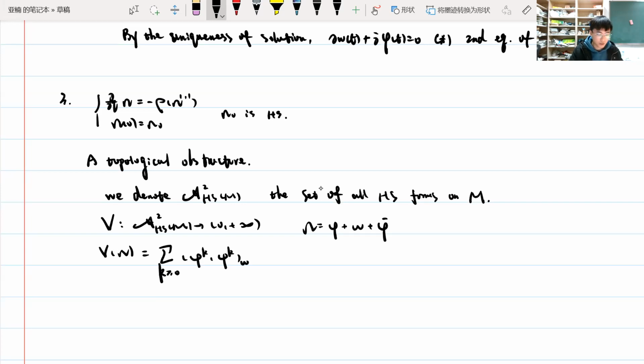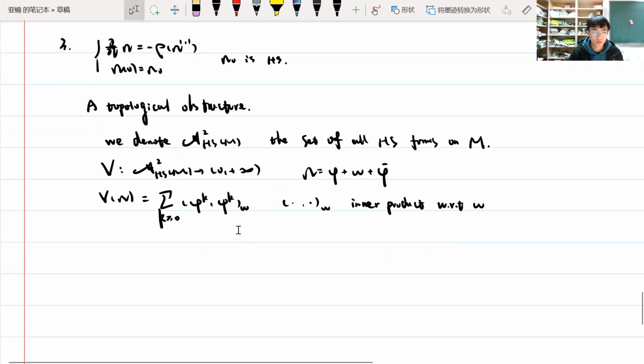Phi^k is phi wedge itself k times, and this is the inner product induced by the metric. Here, for the reason of degree, actually it is a finite sum.